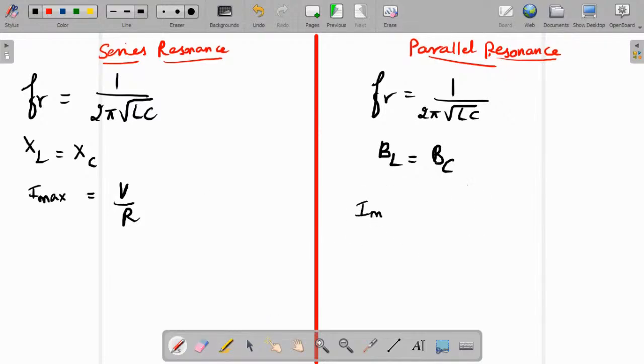In parallel resonance the current will be distributed. So here I minimum will be V into G, we write G instead of 1 by R. G is conductance. Power factor is the same in both: unity power factor in both series as well as parallel resonance.